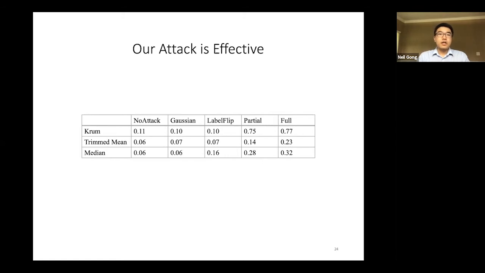This table shows the results of our attacks and the multiple baseline attacks. Each row corresponds to a Byzantine-robust federated learning method. This column means no attack. This column means adding random Gaussian noise to the local models on the malicious clients.